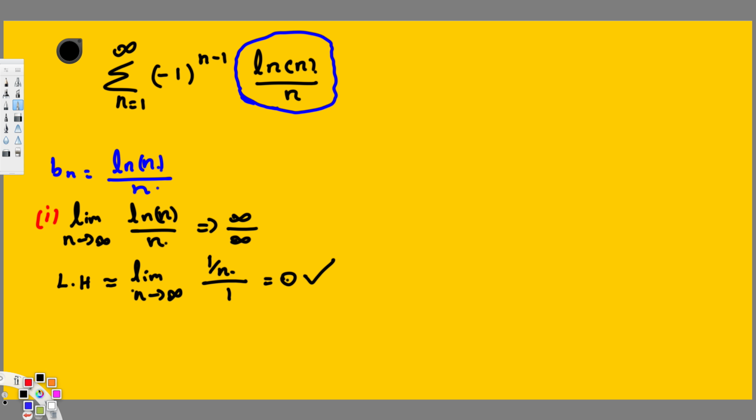Let's look at the other convergence condition, that it should be decreasing, right? If this satisfies both conditions, it's convergent. If it fails to satisfy one of them, it's going to be divergent. So let's see whether it is decreasing. Sometimes we can say directly, if it's just 1 over n, we know that as the denominator increases, the value gets less and less, so we can directly say it is decreasing.